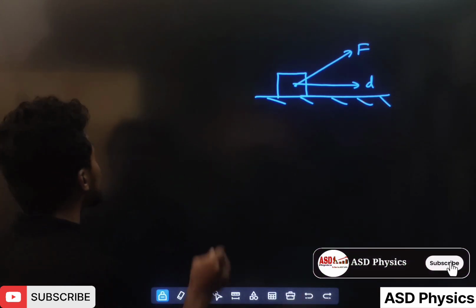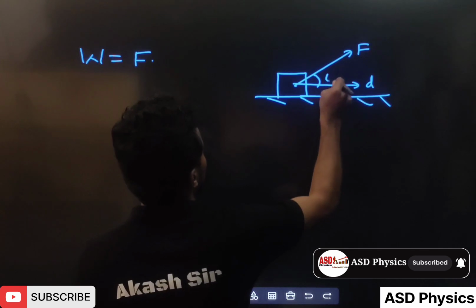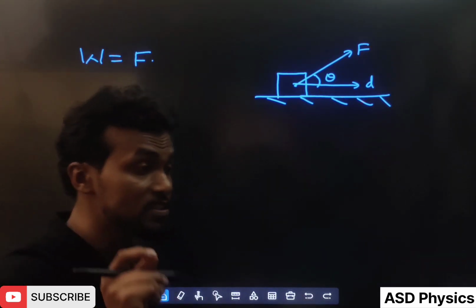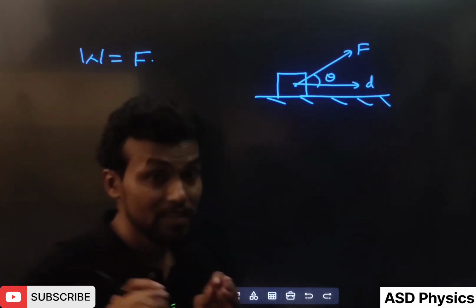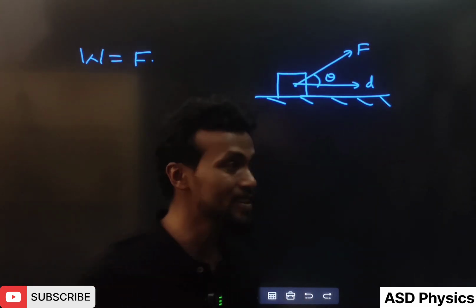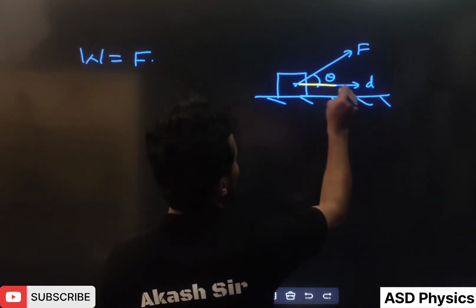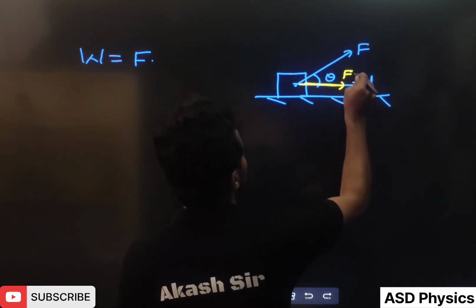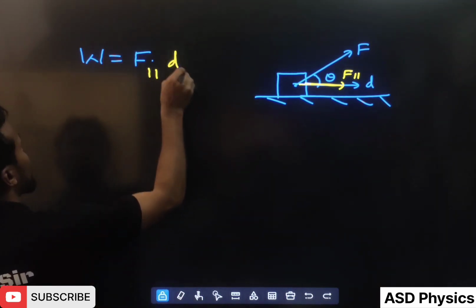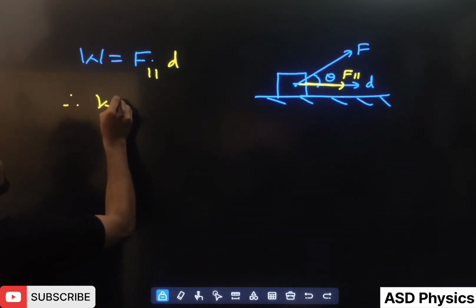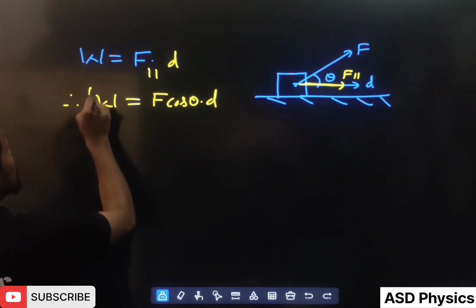Work is the product of displacement and the component of force along the direction of the displacement. This component is called F parallel. So work is F parallel into d, or we can write W equal to F cos theta into d.